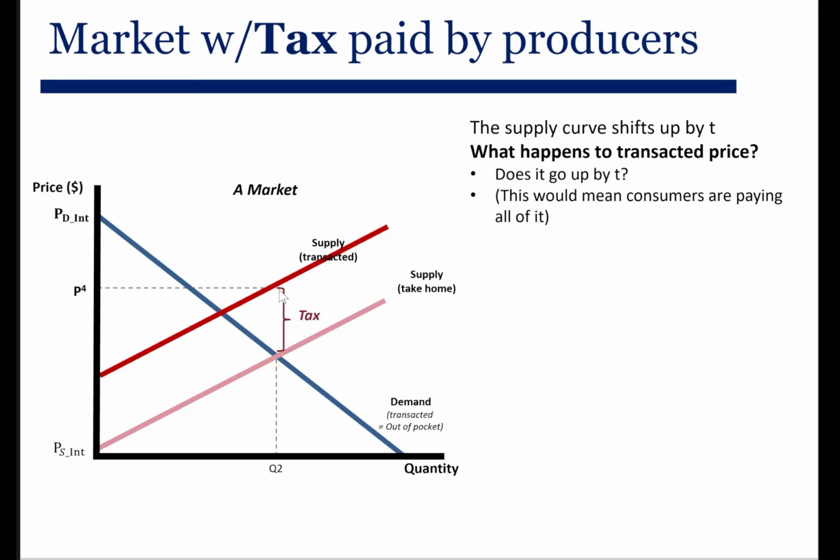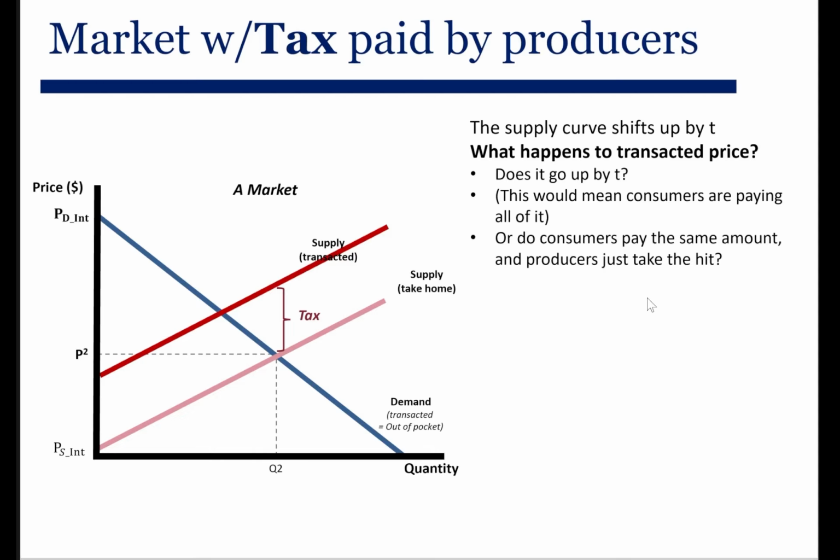That's what a price of P4 would mean. Or do consumers pay the same amount, this P2 that was originally paid, and producers just take the hit? Now, to be clear, a transacted price of P2 would have a take-home price down here.